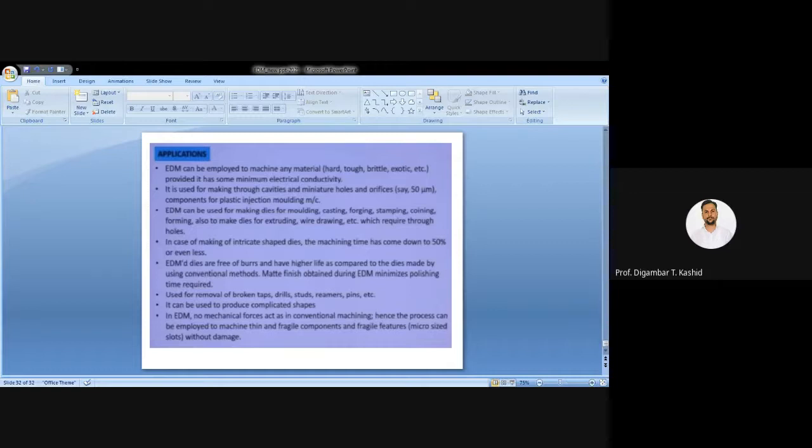So if you want to go for sinking, then we have sinking by EDM, cutting by EDM, grinding by EDM. In that, whatever we have studied now belongs to die sinking by EDM. If you want to go for drilling, then you have another process, that is electric discharge drilling, EDD, which is not in our syllabus, but you will get it in an advanced machining book.